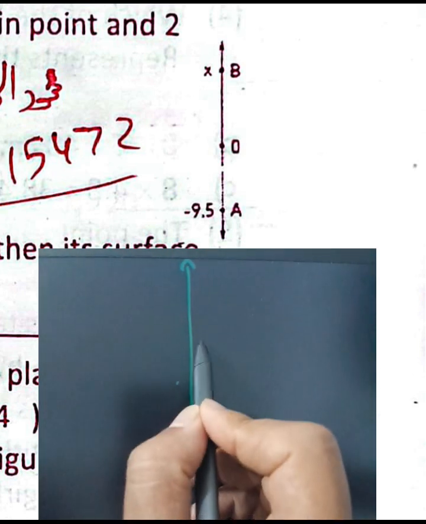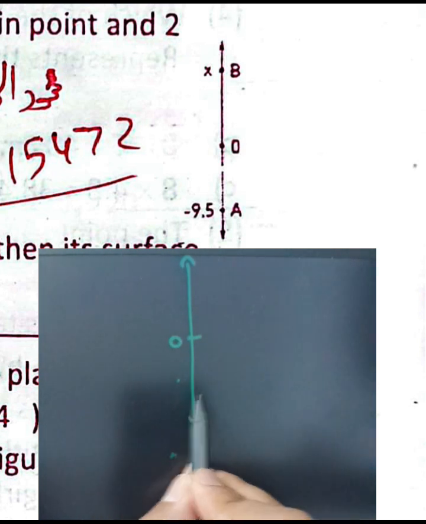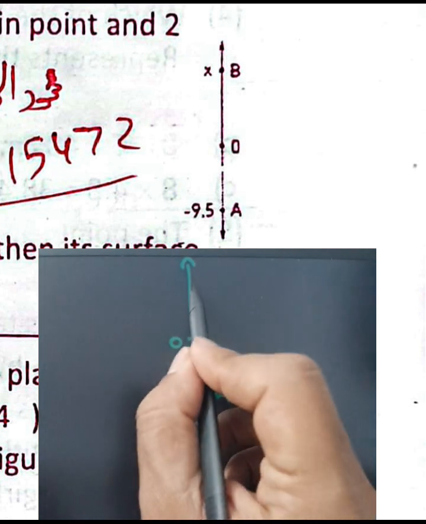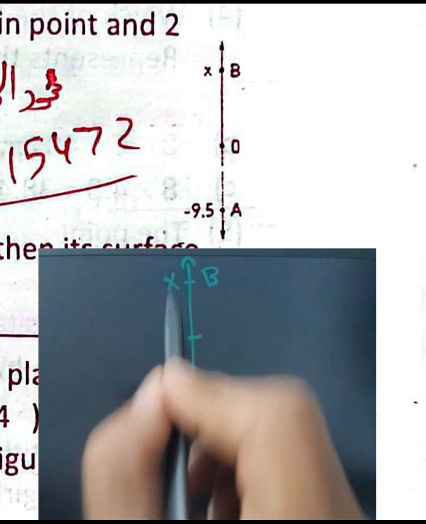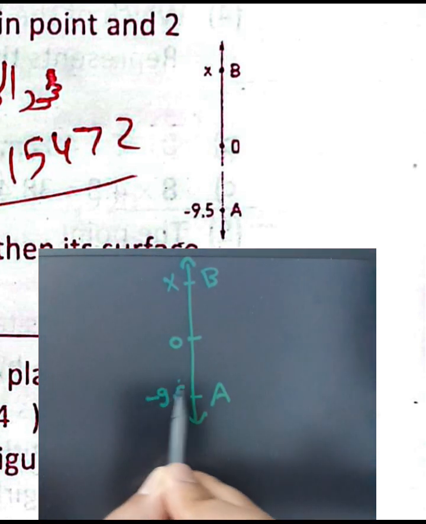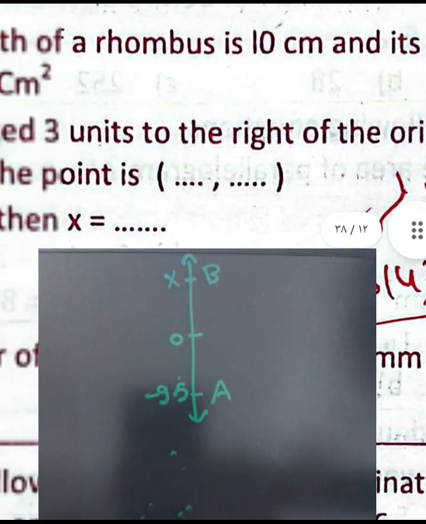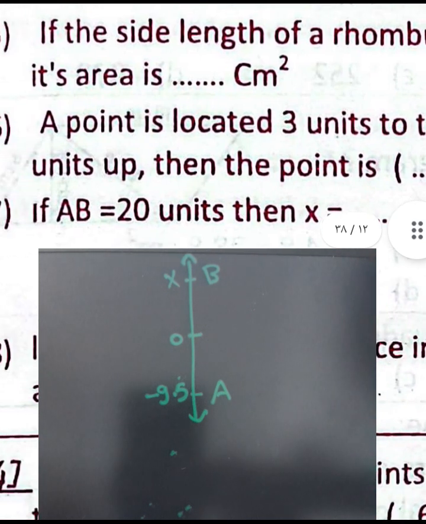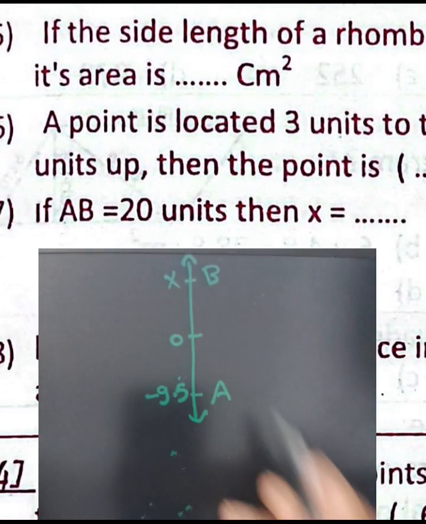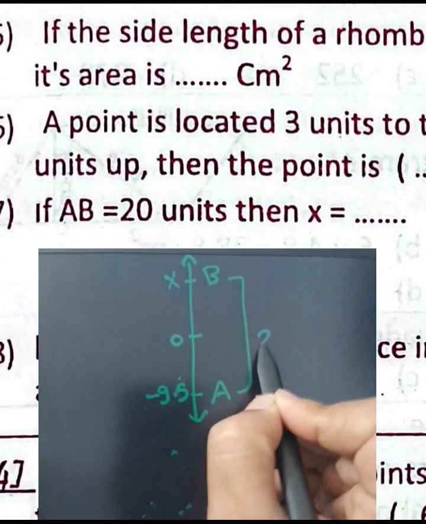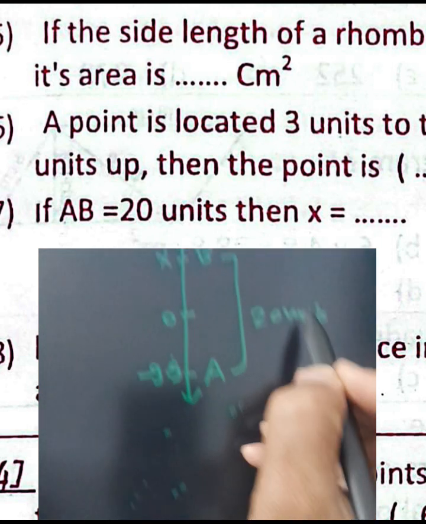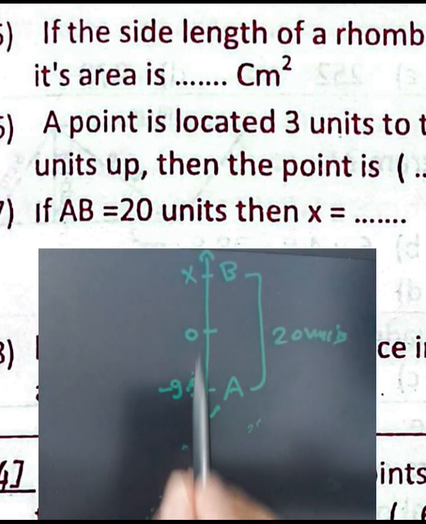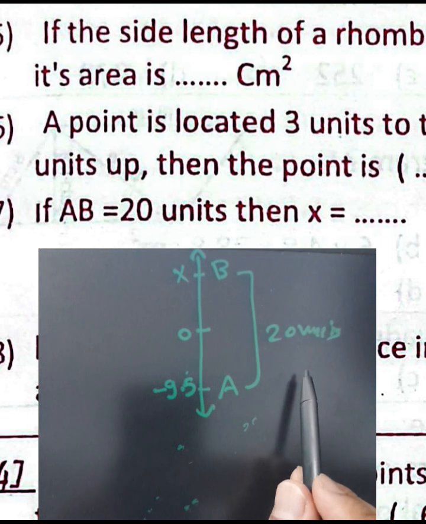We have the original point 0 and the point a here, and here point b and x, and negative 9.5. He tells us if AB equals 20 units, we have 20 units here. The distance between A and B was 20 units.